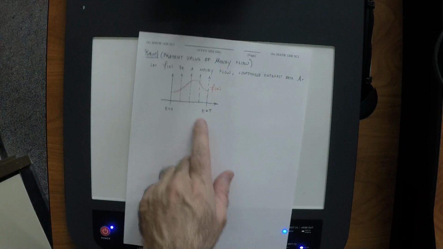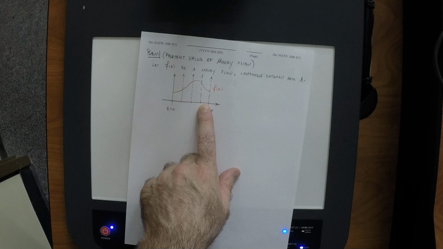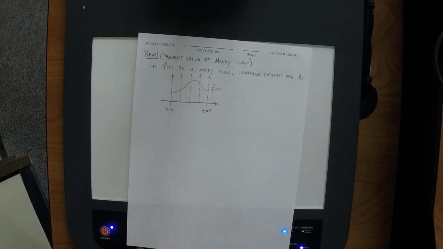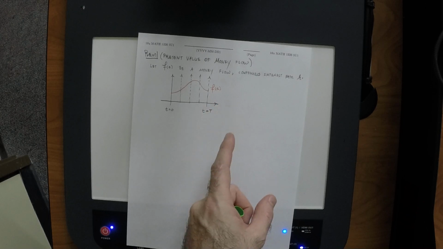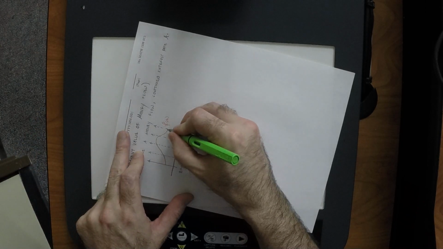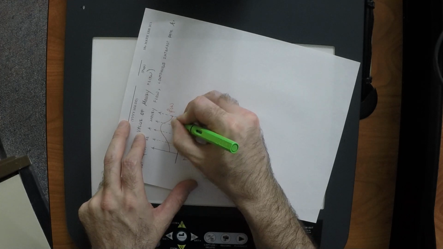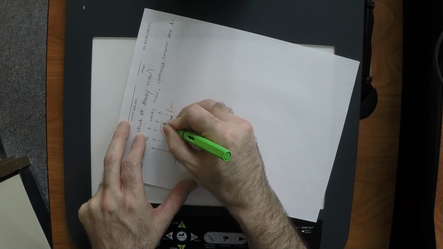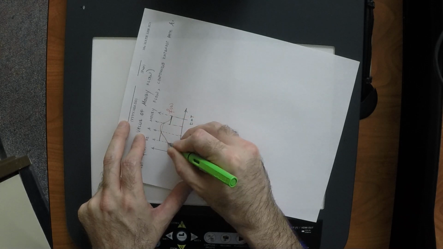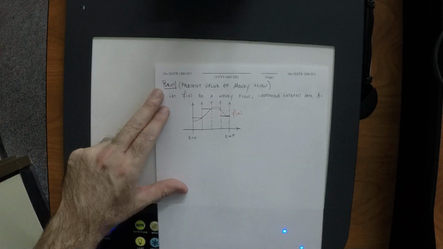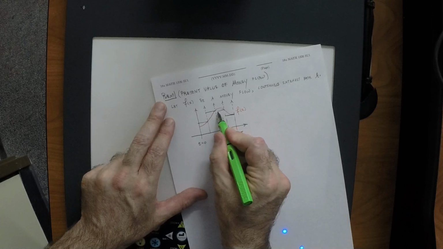Like if you look on the previous page, T4 was in the middle for this one. Instead of that, we're going to sample at the right endpoint. That just means that the height of the rectangle is going to be the rightmost point in the interval. In principle, it could have been anything. So that rectangle has that height, this one will have that height, and this one will also have that height, and so on. We're just selecting the rightmost point.